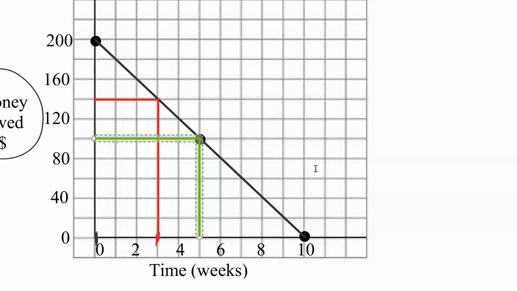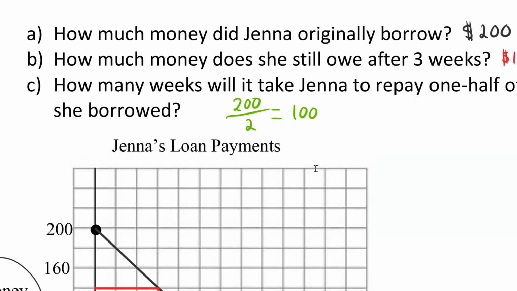So when she owes $100, so she's paid half of the money back, she's at 5 weeks. So it's going to take 5 weeks.